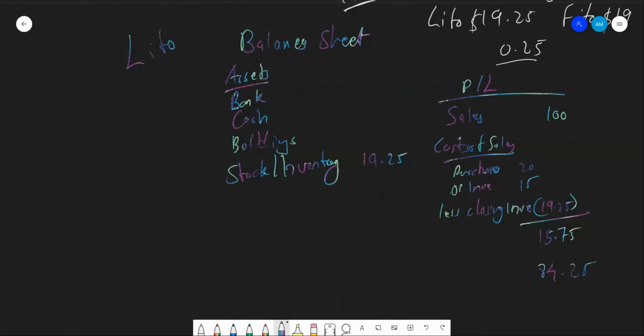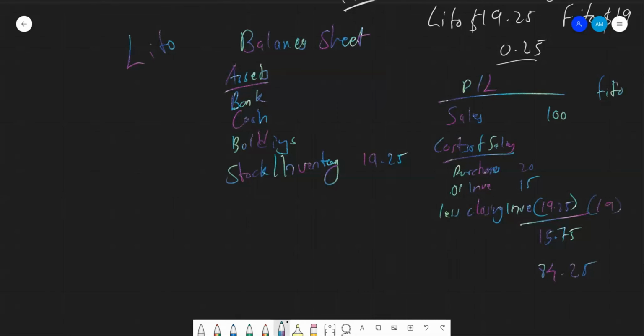84.25, right? Let's say we do the FIFO method now. The FIFO method. It's not working anymore. Why is it not working? Let's do the FIFO method. With the FIFO method, all else remains the same, but we write 19 here, right?